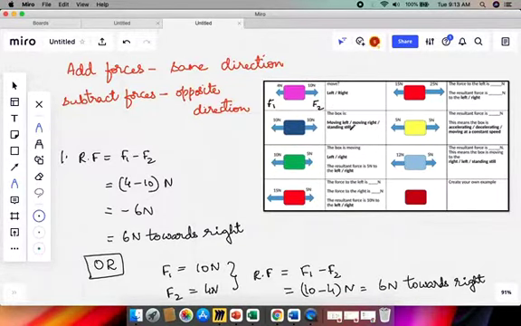Similarly, you can try for other ones. As one more example, the second one, we have 10 Newton and 10 Newton, equal forces which are in the opposite direction. Again 10 Newton will be my reference force. With respect to this, the other 10 Newton is in the opposite direction. So 10 minus 10, the resultant force is 0. So here we say that the object is standing still.